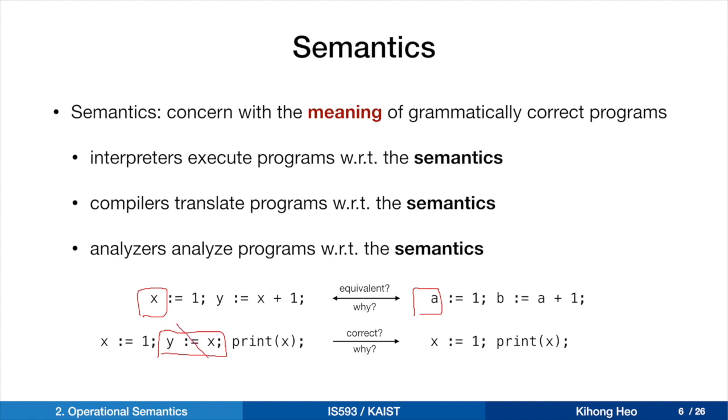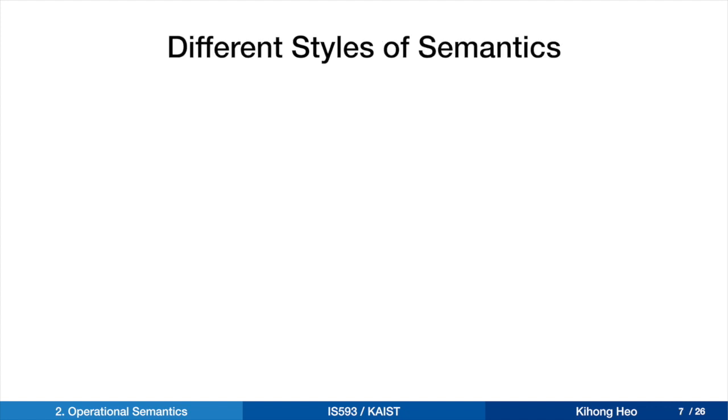So this optimization is correct from the compiler's perspective. All such kinds of non-trivial questions can be answered only when we clearly understand the semantics of the target language. So let me talk about how the semantics of a program can be formally specified.